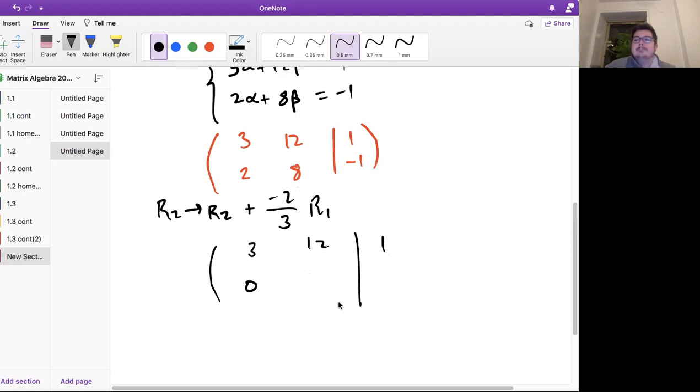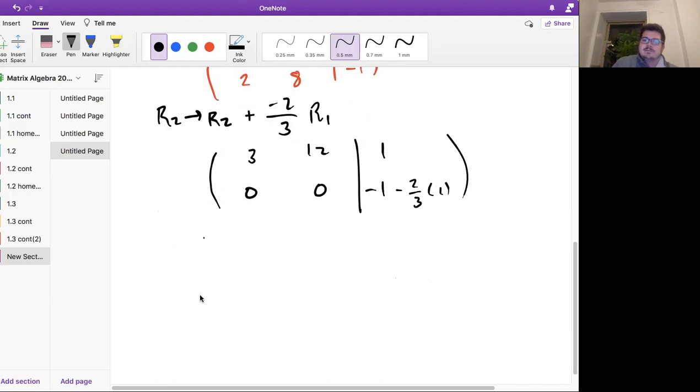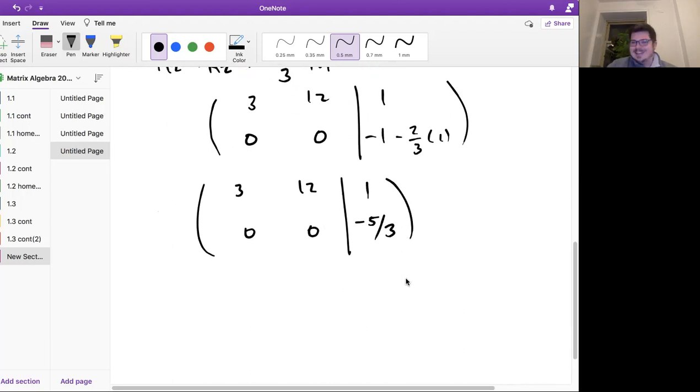Can someone say that? 8. Oh, how convenient, 0. And then what's this? Negative 1 minus 2/3 times 1. What's that? That is negative 5/3. Yeah, the important thing, it's not 0.